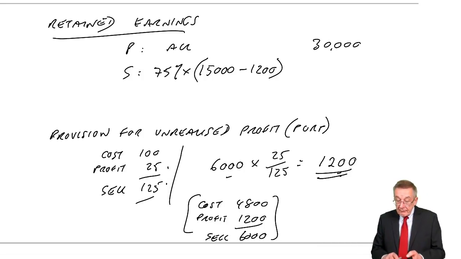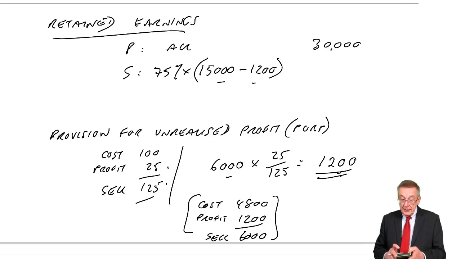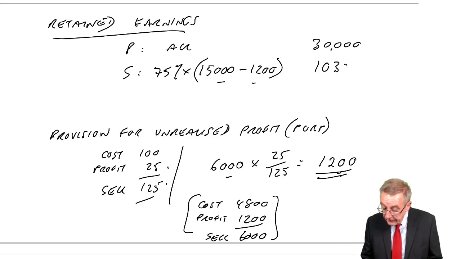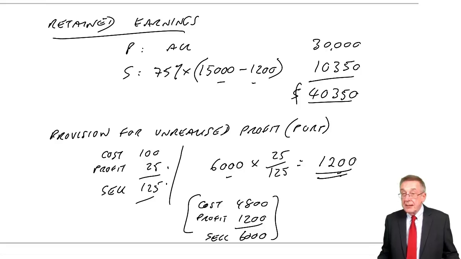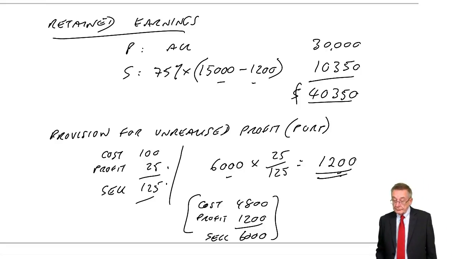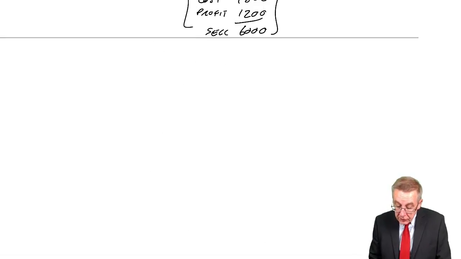And so the profit we can take, 15,000 minus 1,200. 75%, P's share, is 10,350. The group's retained earnings, therefore, 40,350. The final bit of the standard workings is the non-controlling interest.